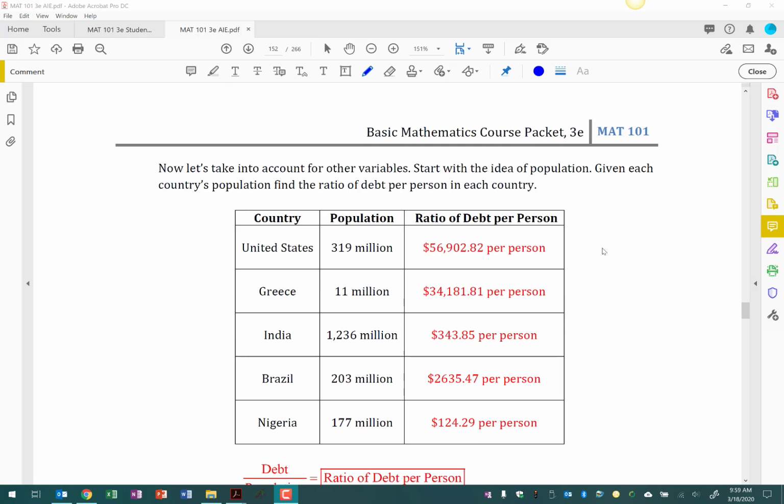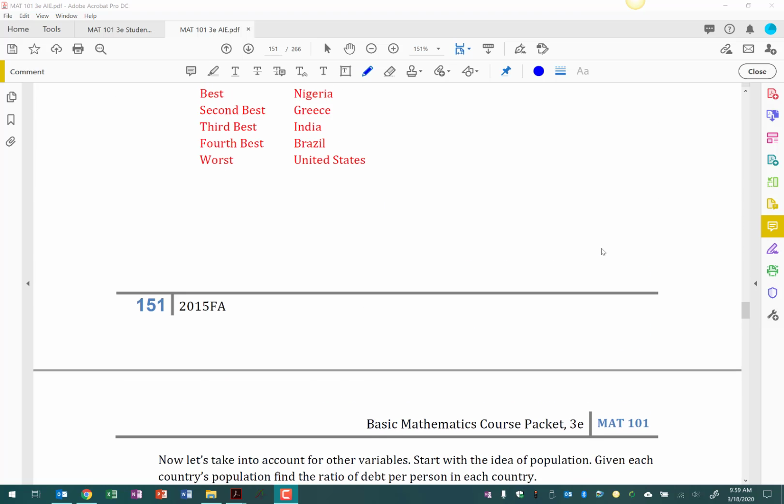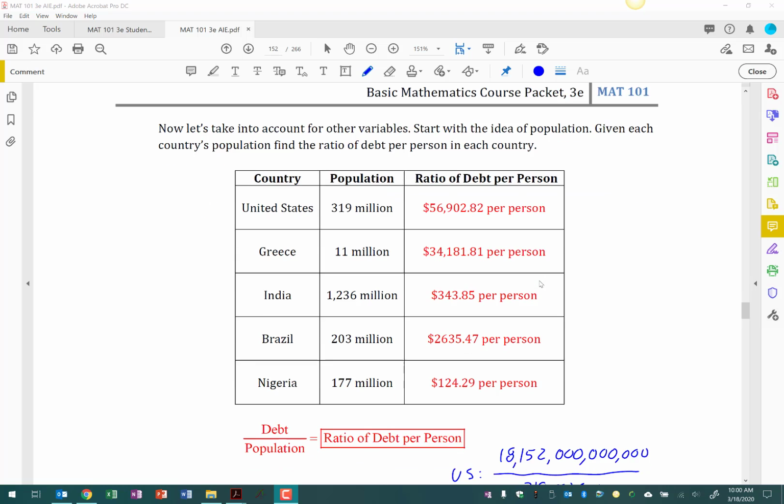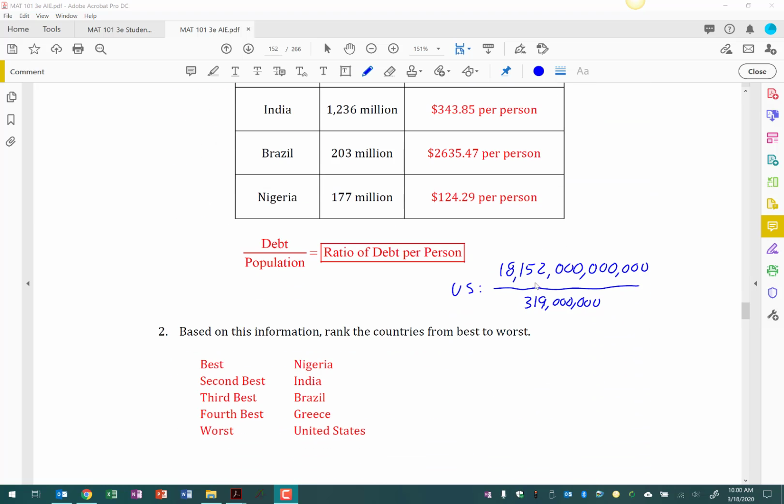If we look back really quickly, while Nigeria had the best, and Greece was the second best, Greece has now moved to the 4th best in our new list. And India jumped up to 2nd best. So this changes things a little bit, and it gives us maybe a little bit better information. What's the debt on a per person basis? Now we can compare these countries more accurately, because we're taking away the fact that they are very different in size.